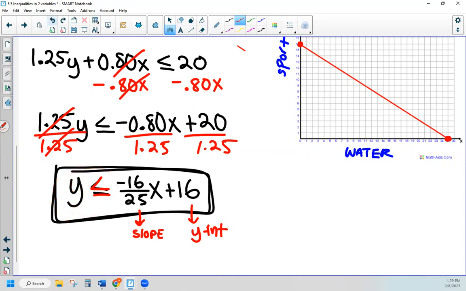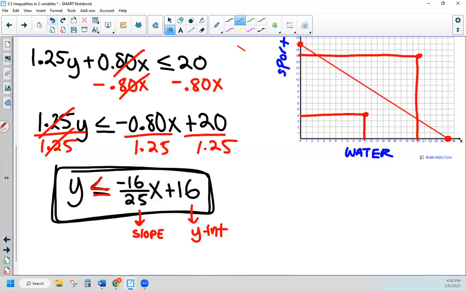Now, if you use common sense, we're talking about a budget here, right? That means, let's look at this point right here. If you buy 11 water bottles and 4 sports drinks, that's not that much. Imagine if you were to buy 20 water bottles and 14 sports drinks.